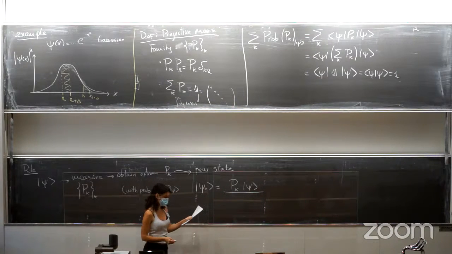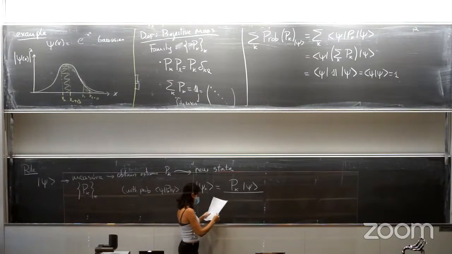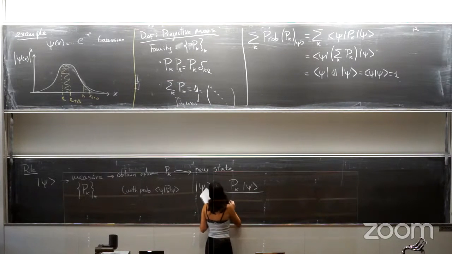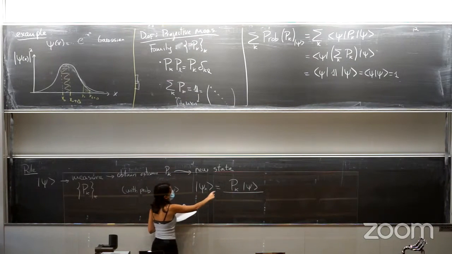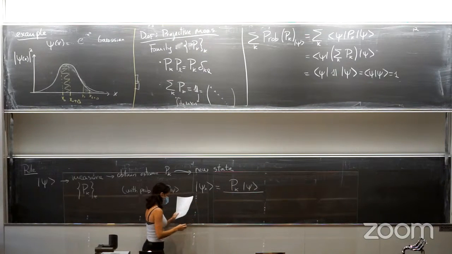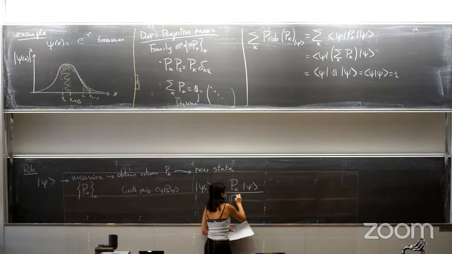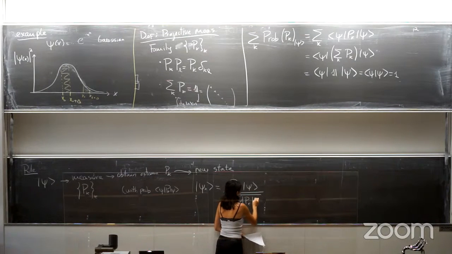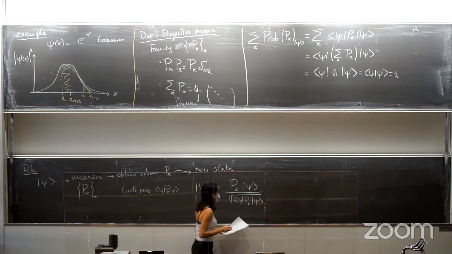It's just a convention for how we look at it. If this happens with probability 0.5, we need to divide by the square root of that probability so that this is normalized again. So you normalize by the square root of the probability, which is this.